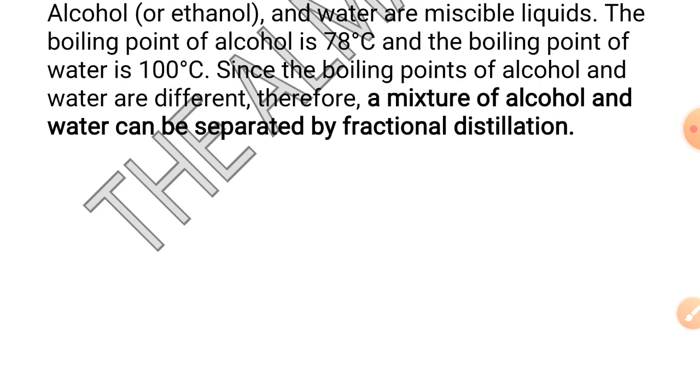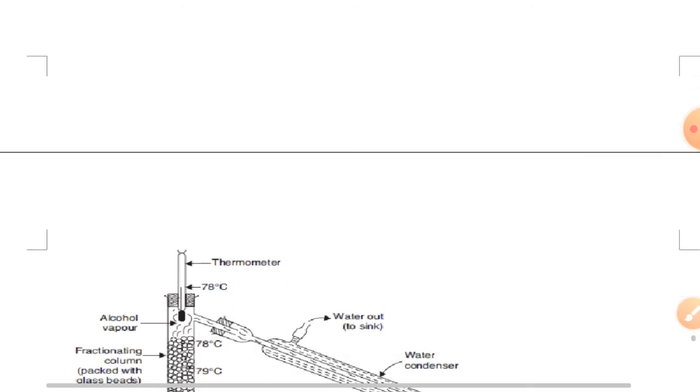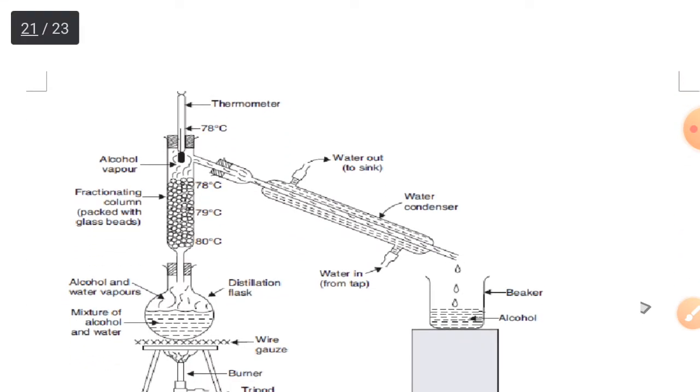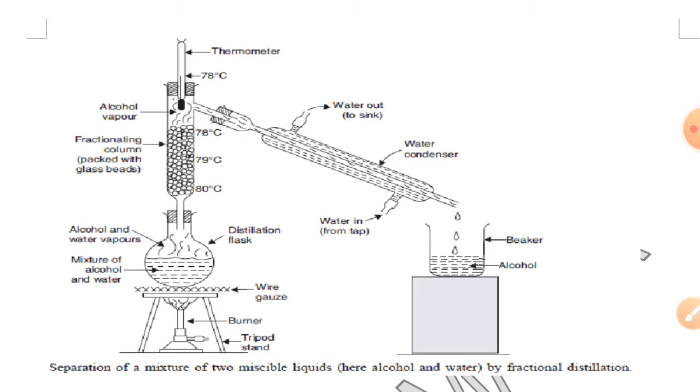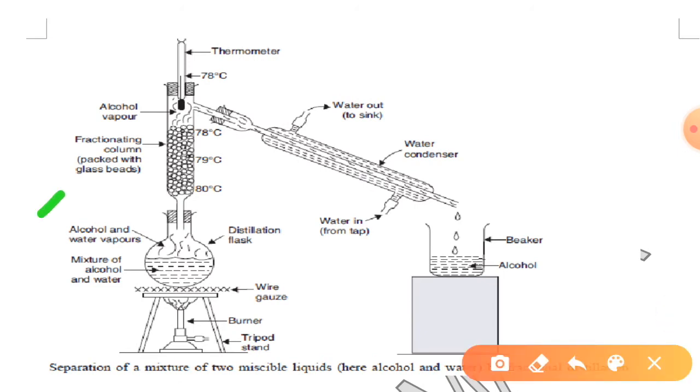Now students, look at the diagram which I am showing to you here. You can see the fractionating column here. This is the fractionating column packed with glass beads. Here you are having your mixture of alcohol and water which are not having much difference in their boiling point. 78 and 100 are somewhat very close to each other.